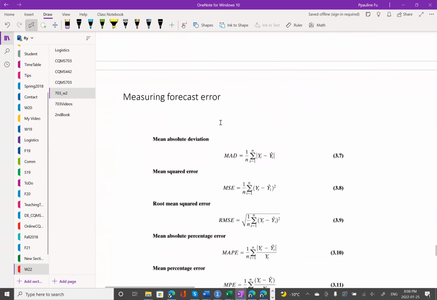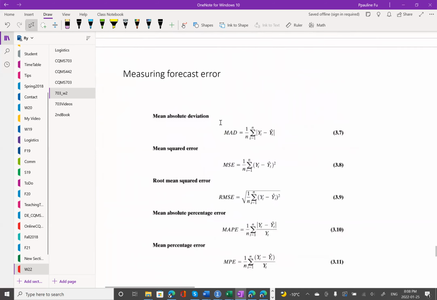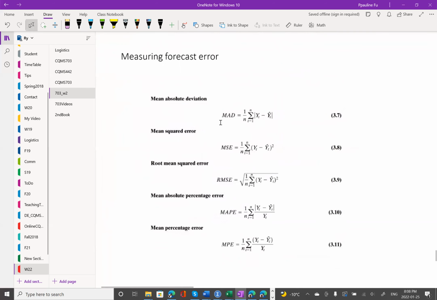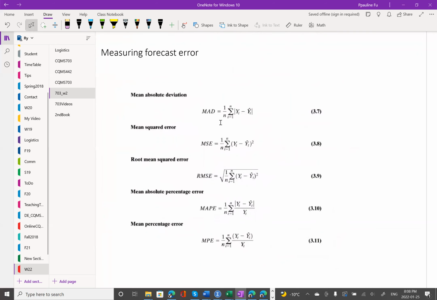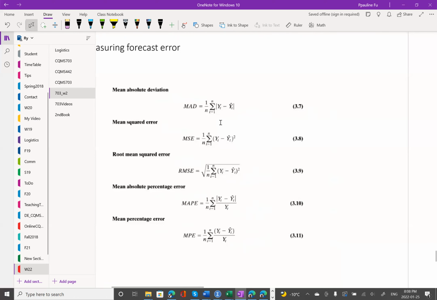Toward the end of chapter 3, how do we know which forecasting method is better? You use some criteria. One criterion is mean absolute deviation.